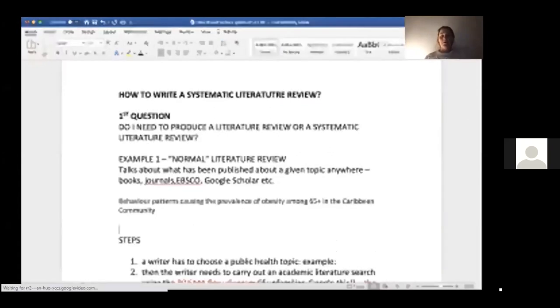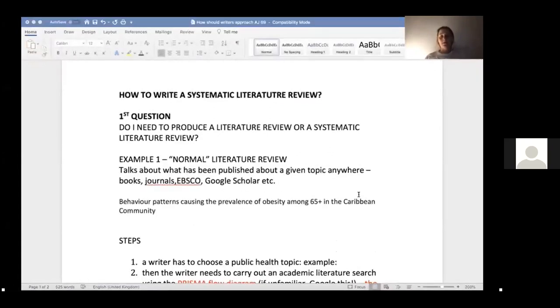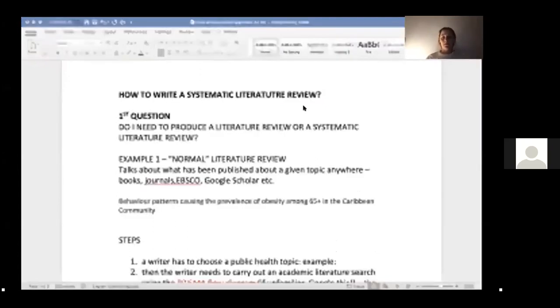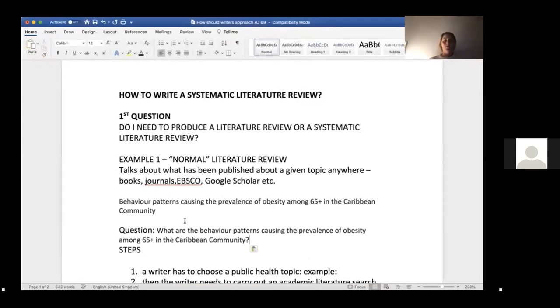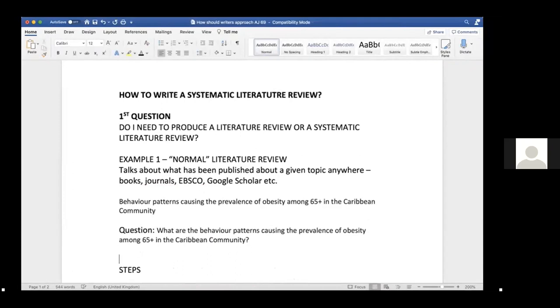The question that you need to answer is, what are the behavior patterns causing the prevalence of obesity among 65 plus? If you are asked to write a normal literature review, you will take the following steps.